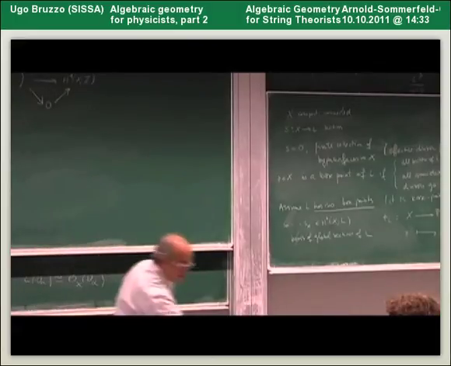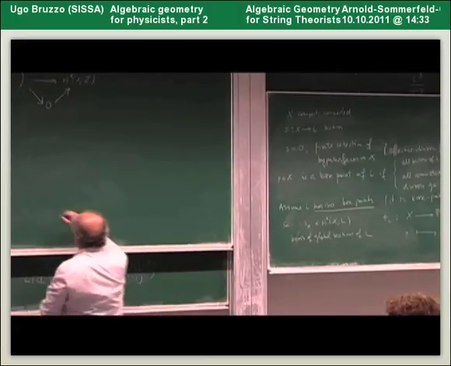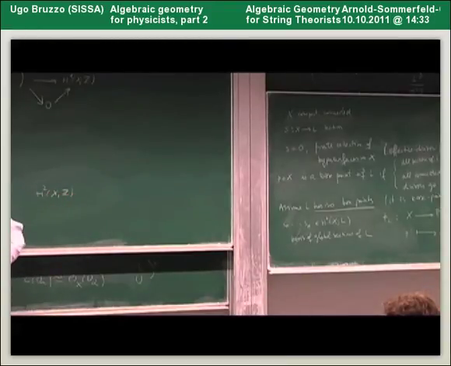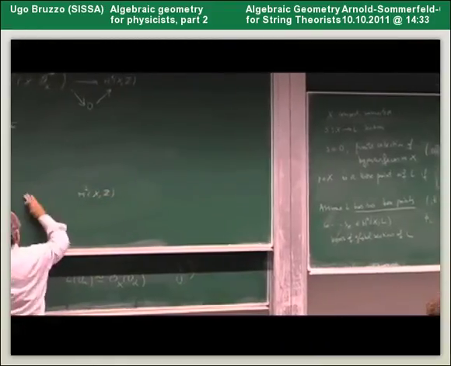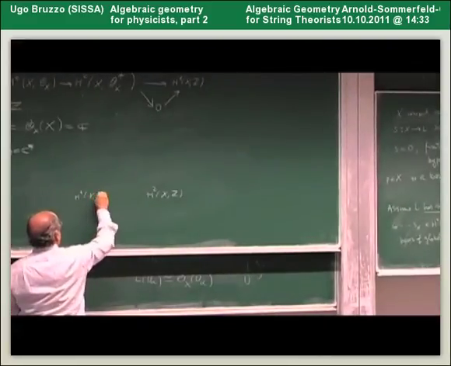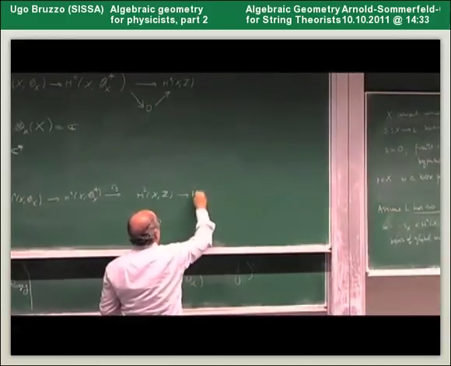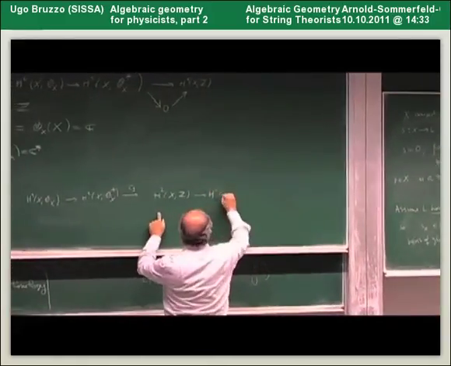we have H1 of OX. And here I never wrote it, but we have H2 of OX. Correct? And in those other categories, these two groups are zero.